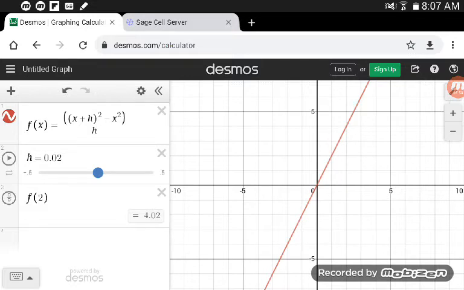Or another way to make this happen is my f of x, I could actually change the h's to x's.